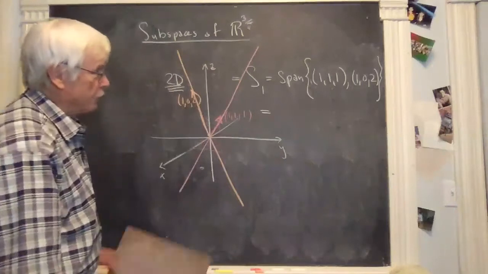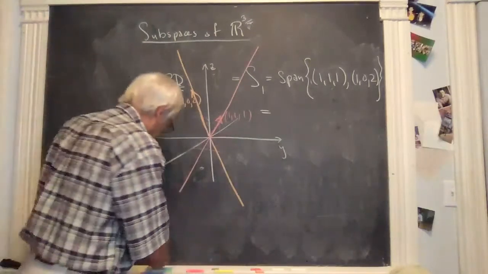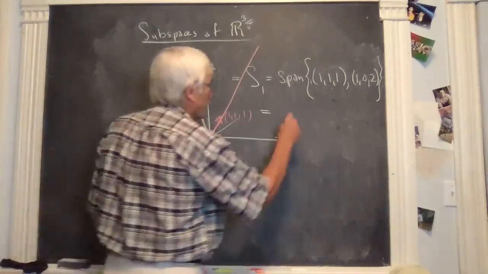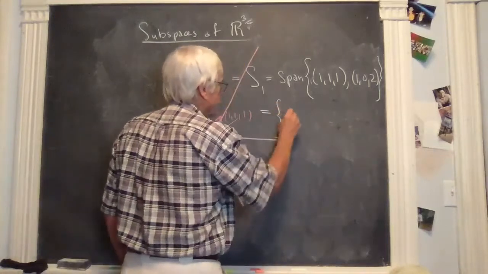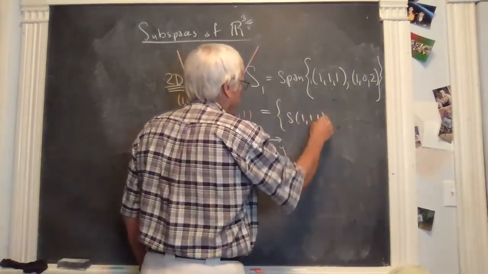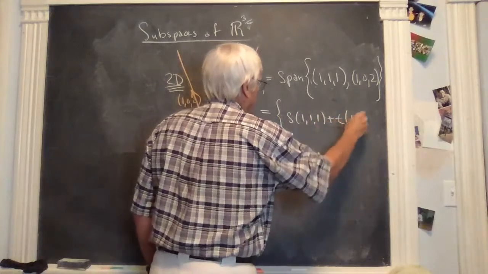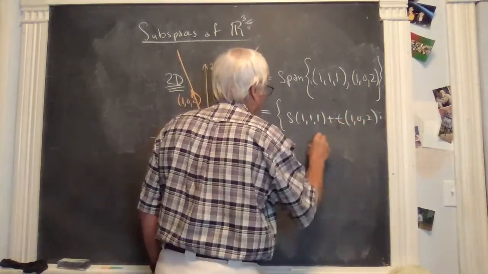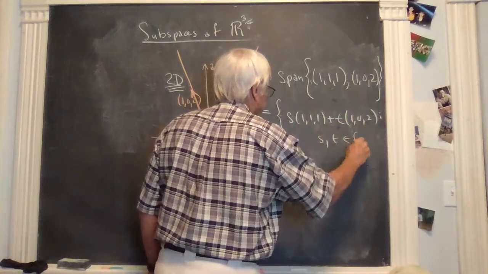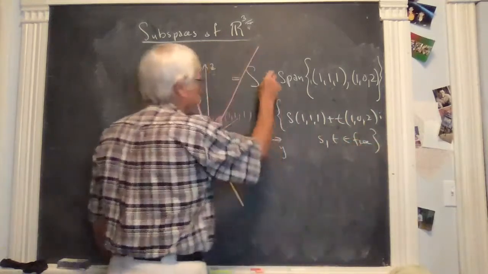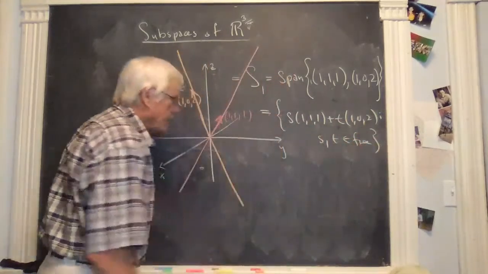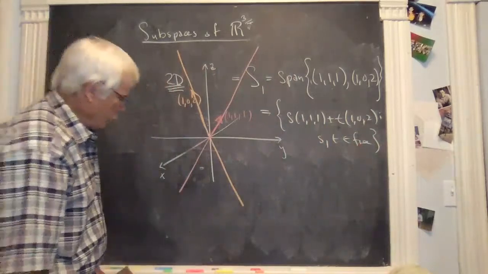These two vectors with the free variables that come with the word span, S times 1, 1, 1 plus T times 1, 0, 2, S and T are free. And that's, after all, what span means. It contains those two lines.